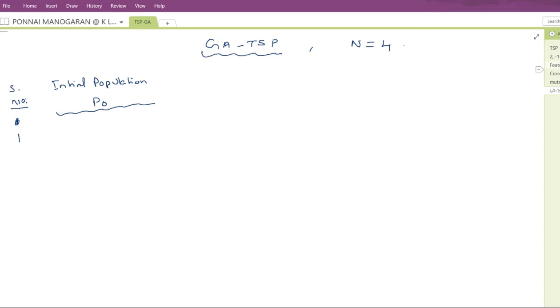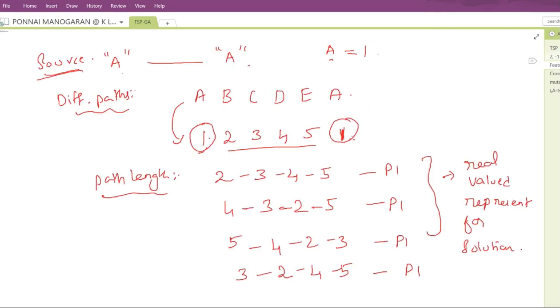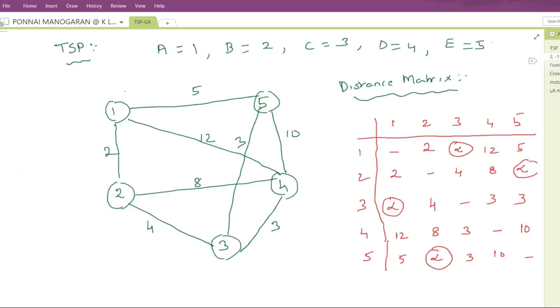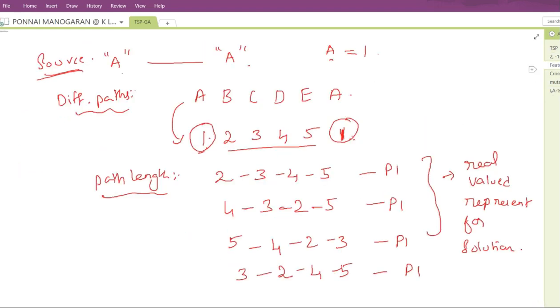So let us represent 2, 3, 4, 5. I am randomly generating 2, 3, 4, 5. Second path is 4, 3, 2, 5.